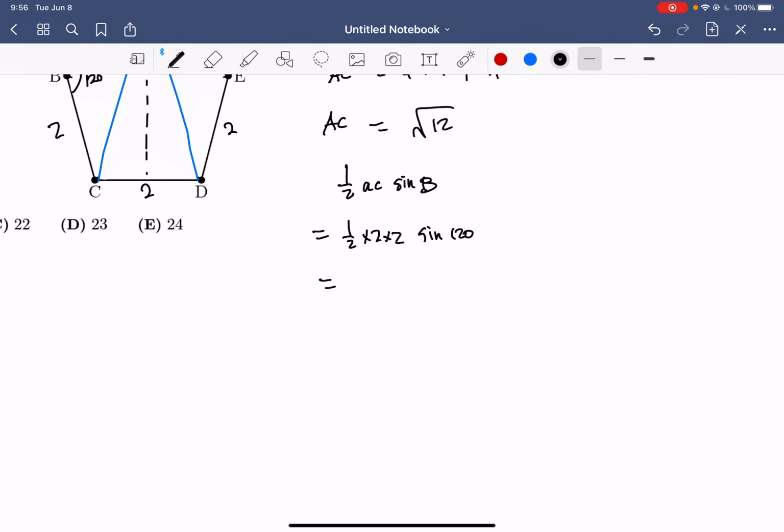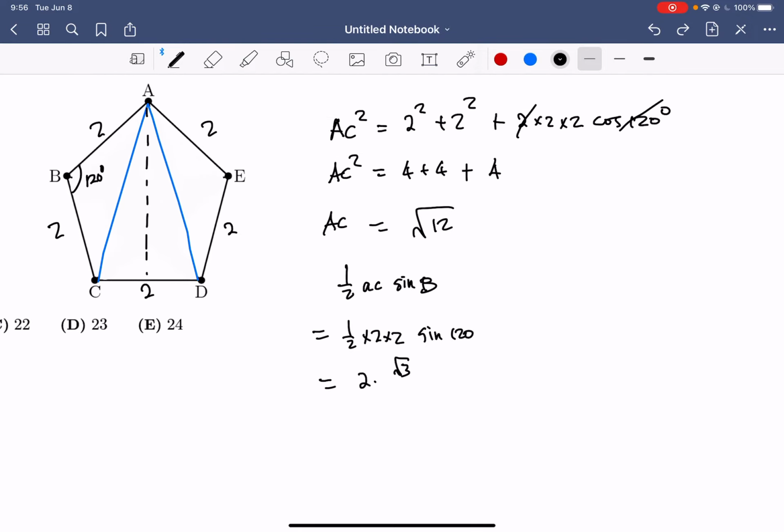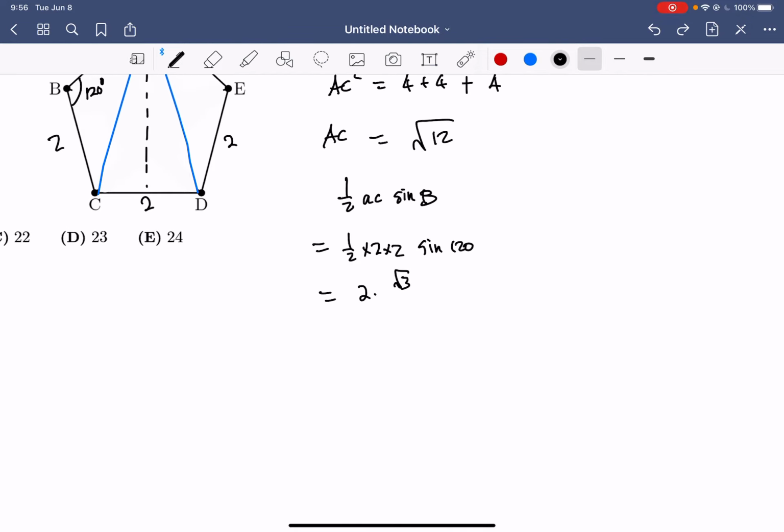So that will be 2 times root 3 over 2, which is the square root of 3.